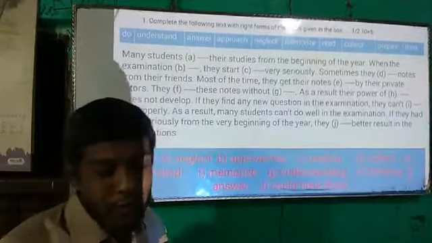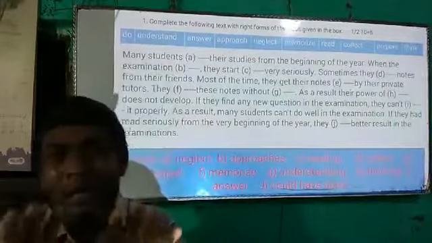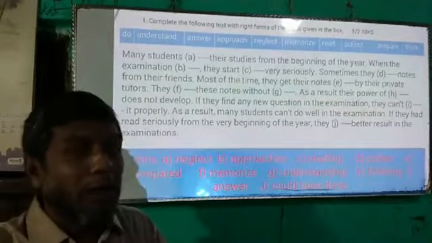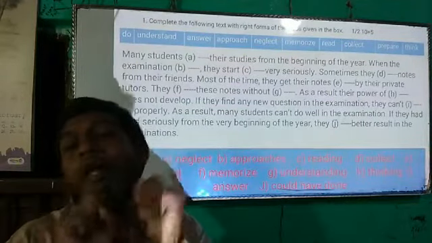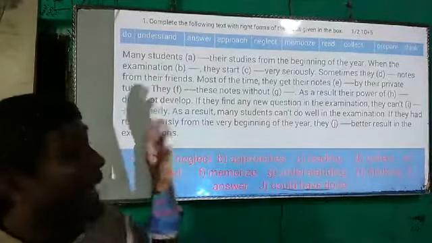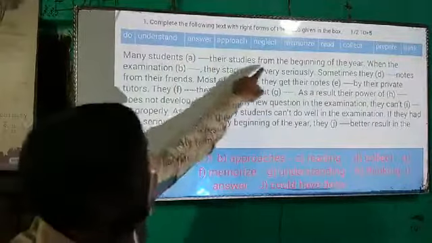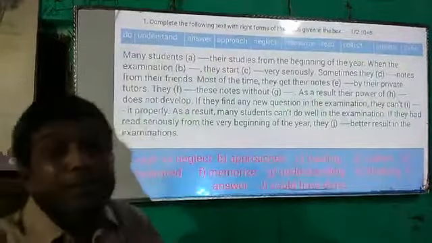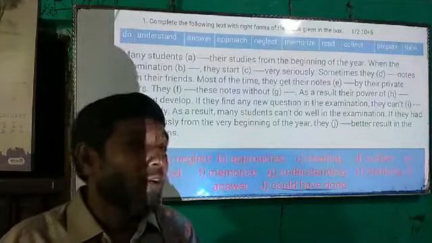So dear students, what I am going to tell you is, to fill in the gaps in the right form of verbs, I must think in two different ways. Number one, at first, I have to think how I can match this context with a word, because if I cannot match the context in meaning, my answer will not be right.